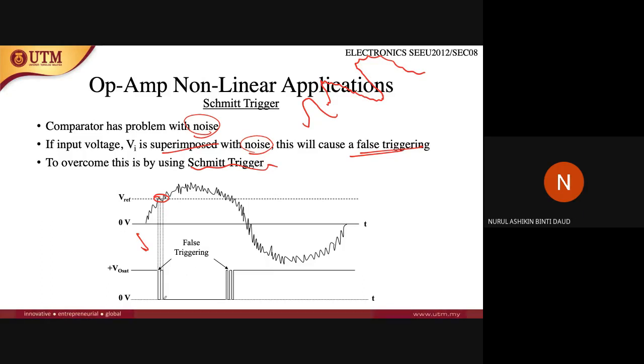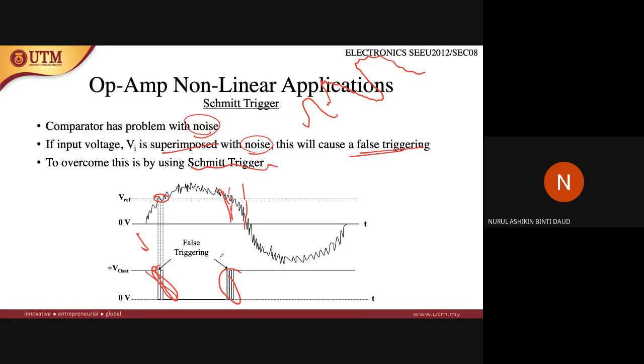So false triggering happens here, at this point, and also at this point as well. This is what we call false triggering, where at the output it detects the input signal wrongly.